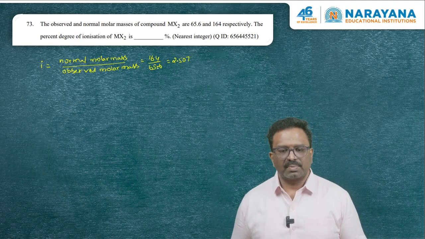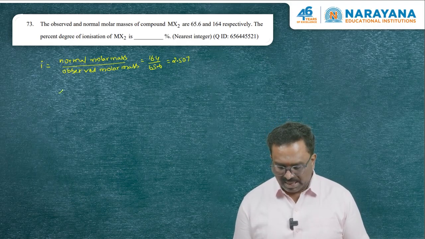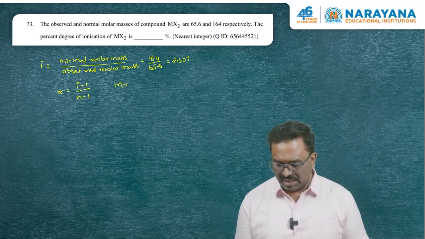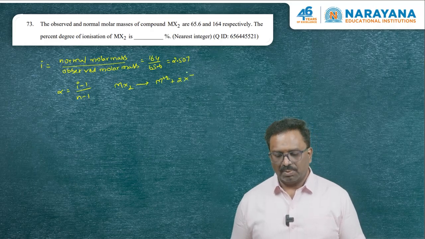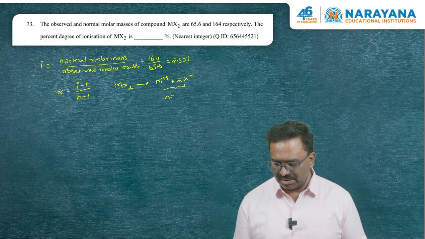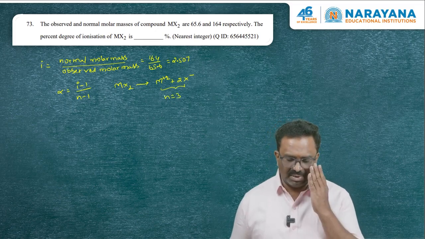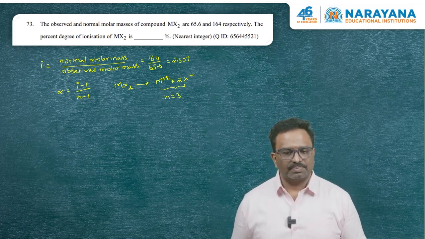This value is 2.507, the i value. Degree of dissociation alpha is equal to i minus 1 by n minus 1. The given MX2 dissociates like this. What is the n value here? 3 ions are obtained from one molecule.